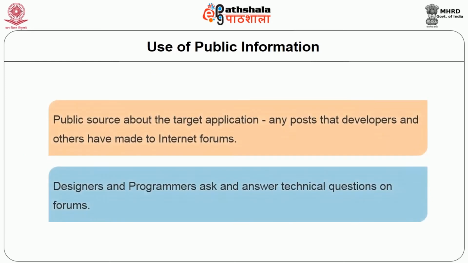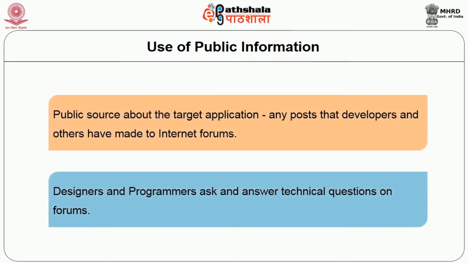Another public source of useful information about the target application is the posts which developers and others have made to internet forums. On the internet, there are many forums in which software designers and programmers ask and answer technical questions.